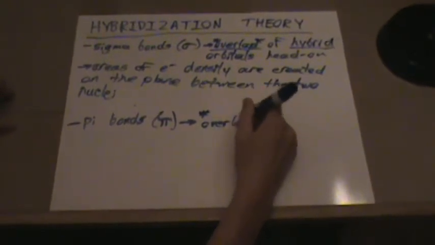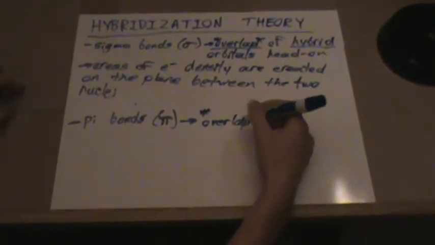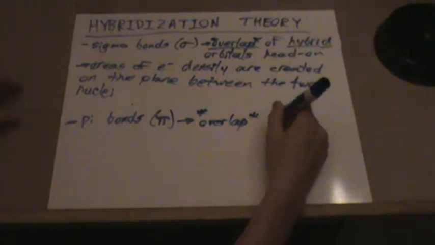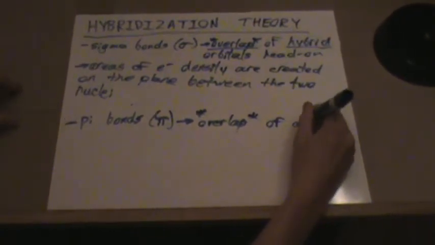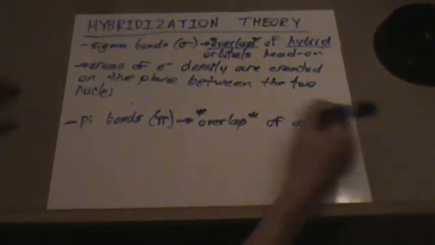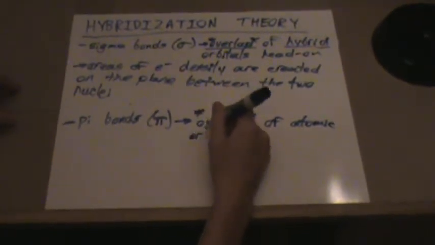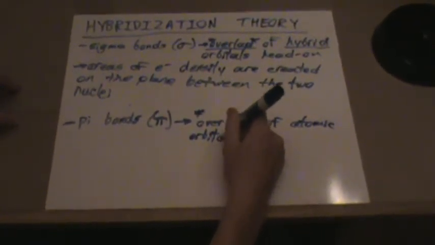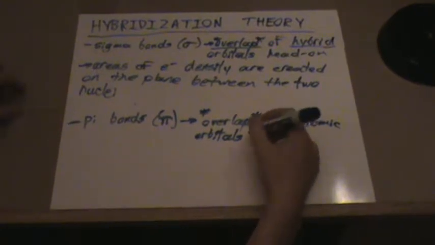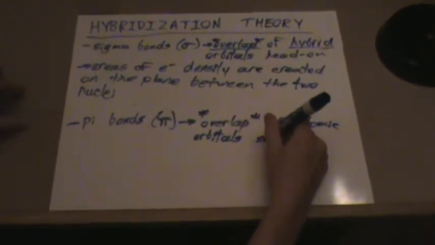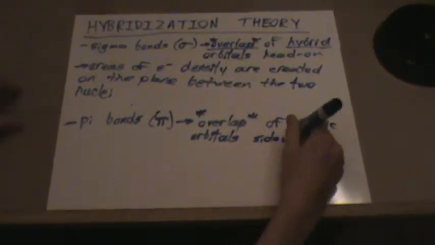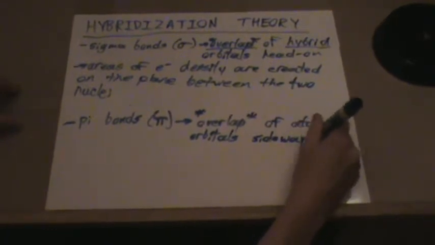They overlap, but this time they overlap atomic orbitals. So the overlap of atomic orbitals sideways on. And you're going to say, how the heck could that happen?